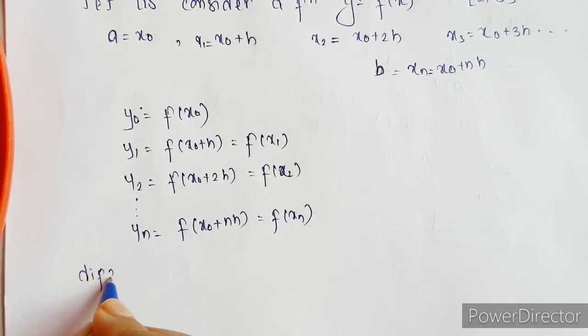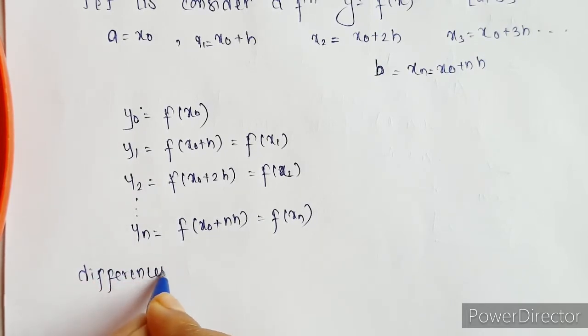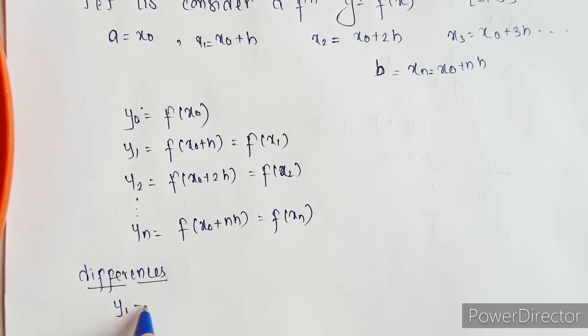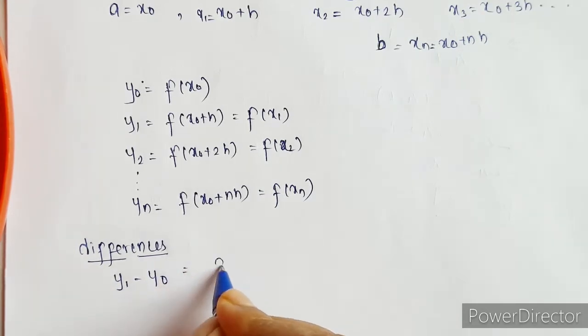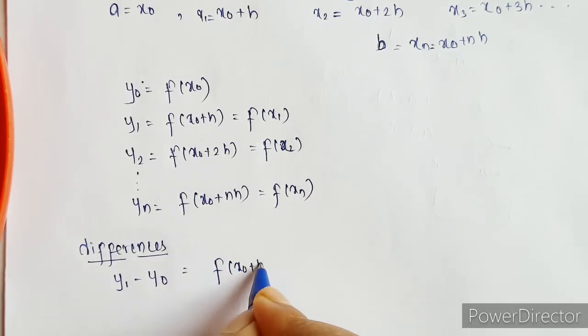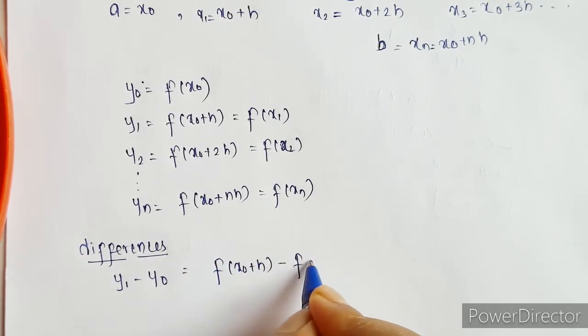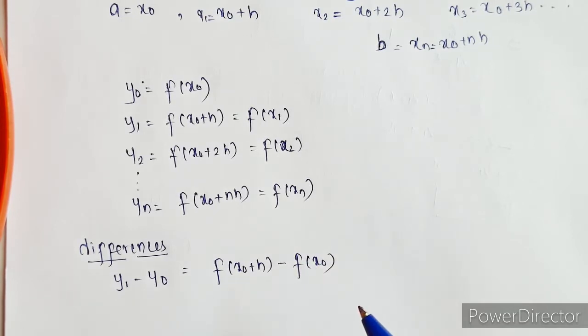Suppose we take differences. For example, suppose we are taking difference of y1 minus y0, which will be f of x naught plus h minus f of x naught.